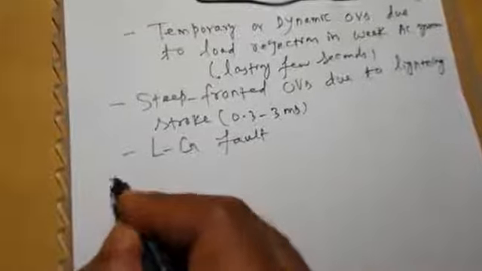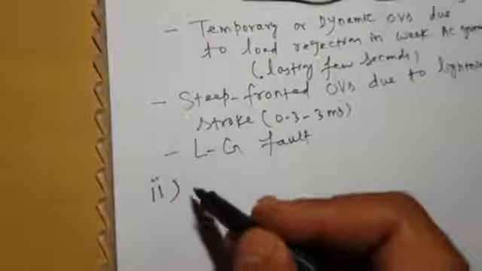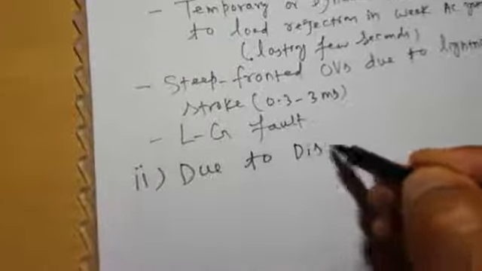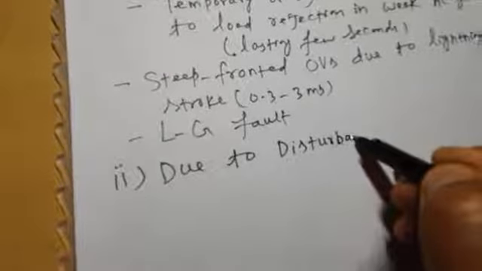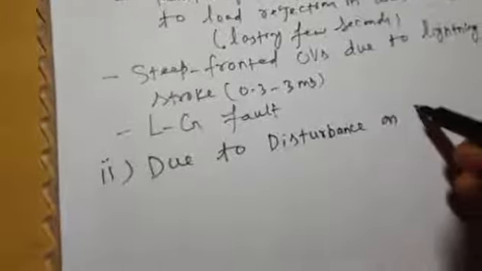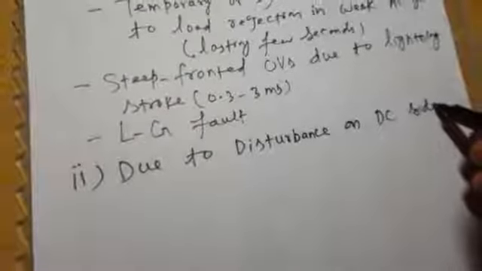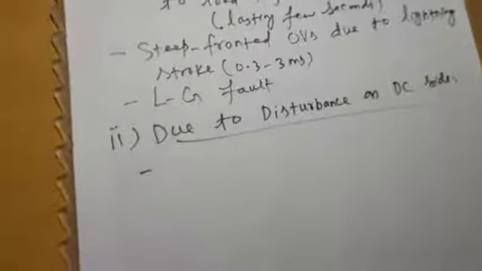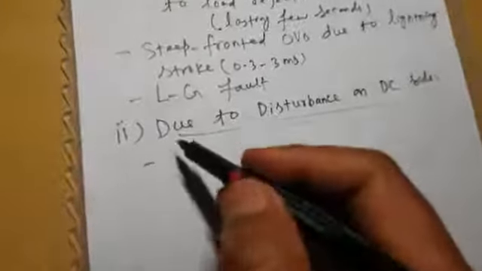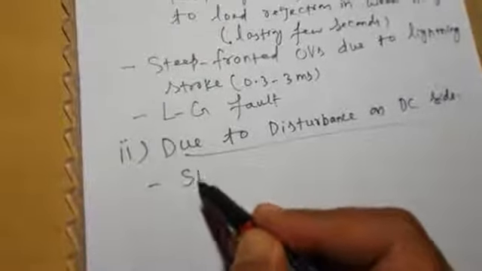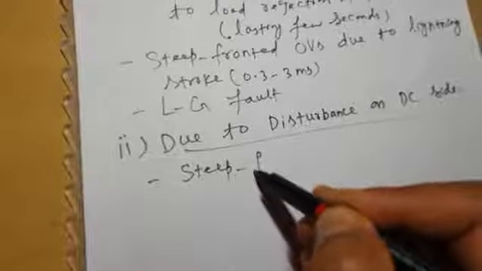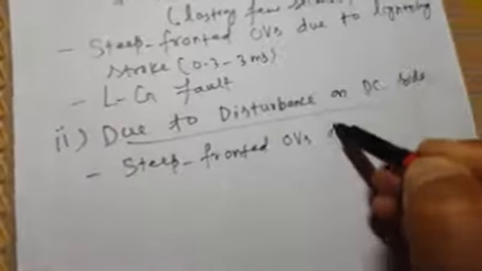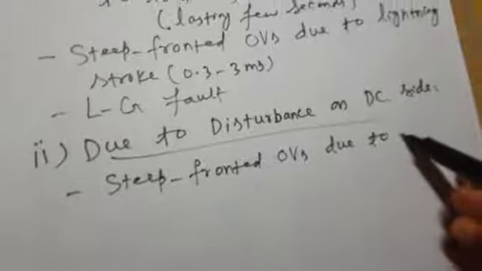Now, second cause of overvoltage in converter station is due to disturbance on DC side. Let us see what are the various disturbances which occur on DC side and which result in overvoltage in your HVDC system. The first is, again I will write here, steep fronted overvoltage due to lightning stroke.